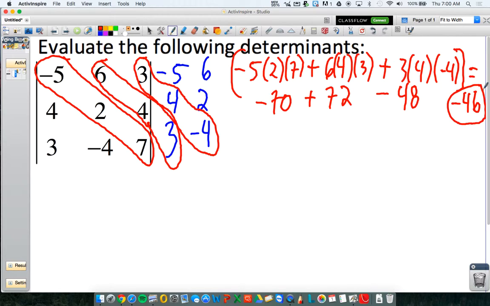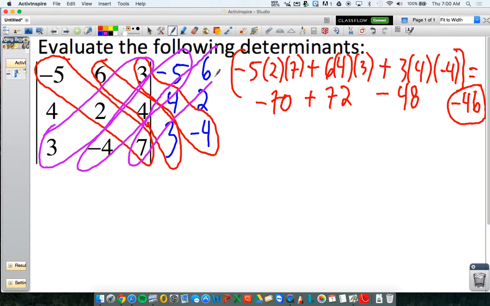Now let's start working on the upward diagonals, and we'll do those in pink. Just like the 2 by 2, you're going to start in the lower left-hand corner. You're going to circle your upwards. So we have 3 times 2 times 3. You know what, I'll just circle them all right now, and then we'll write them out. There's your next one, and there's your next one.